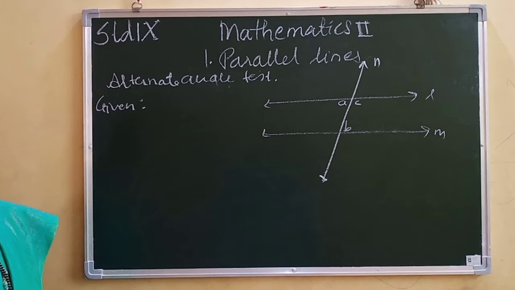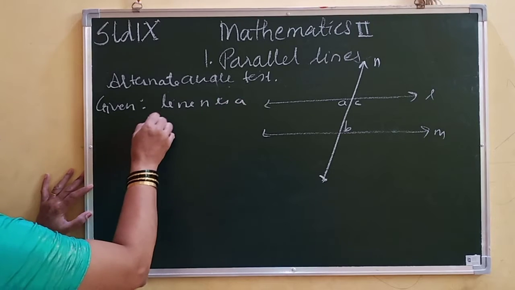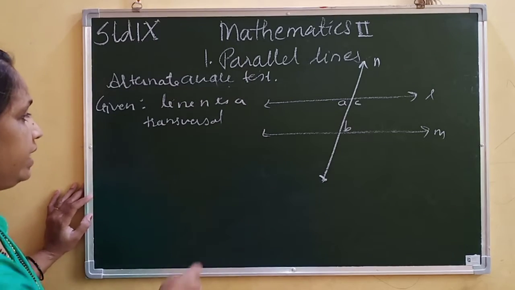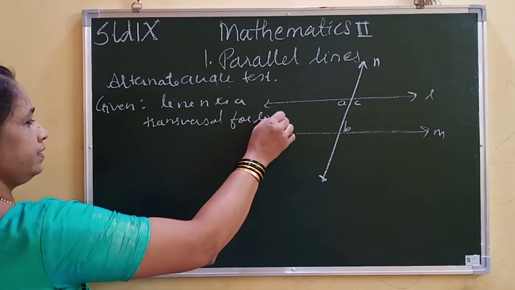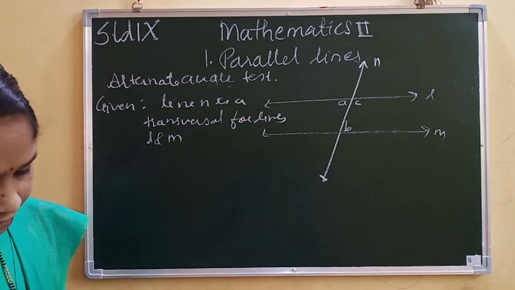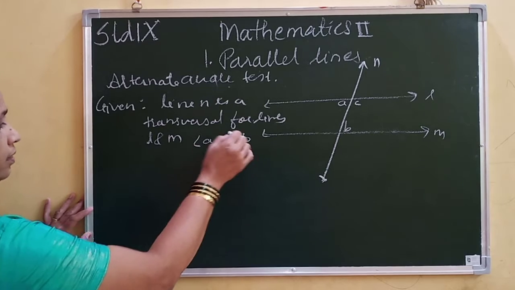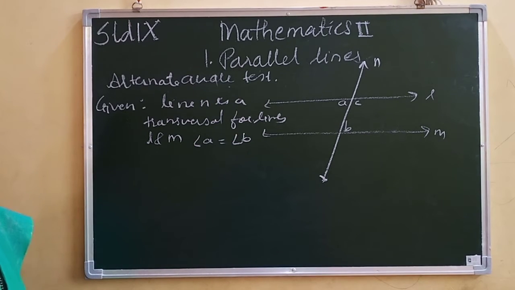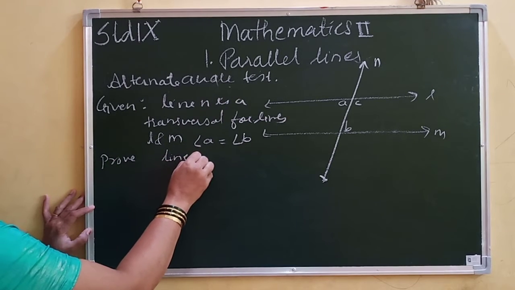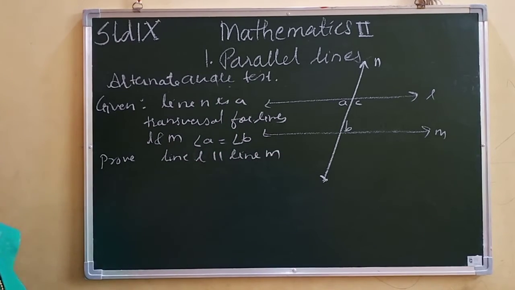That line N is a transversal for lines L and M. And it is given that angle A is equal to angle B. And what we have to prove? That line L is parallel to line M.